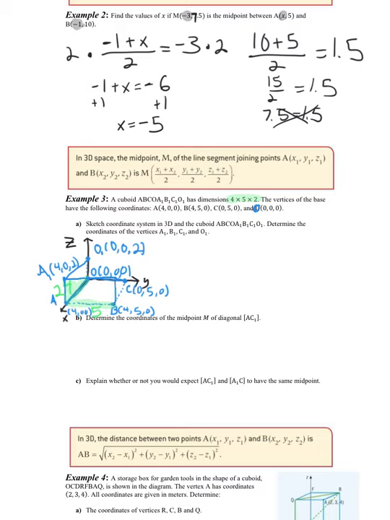That means I can sketch a B1 here, and I can sketch a C1, which is going to be 0, 5, 2. And then this B1 will move out here. It's 4, 5, 2.